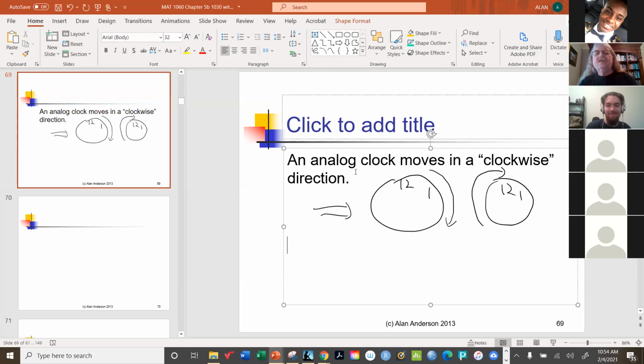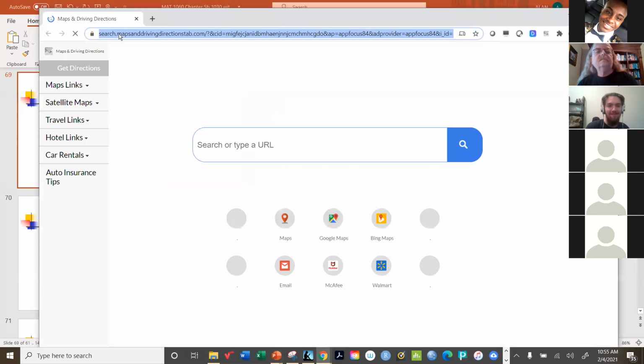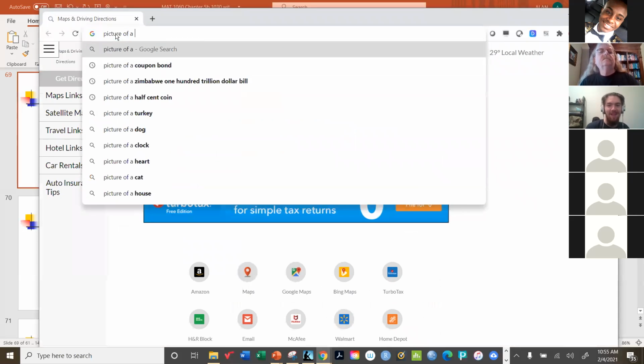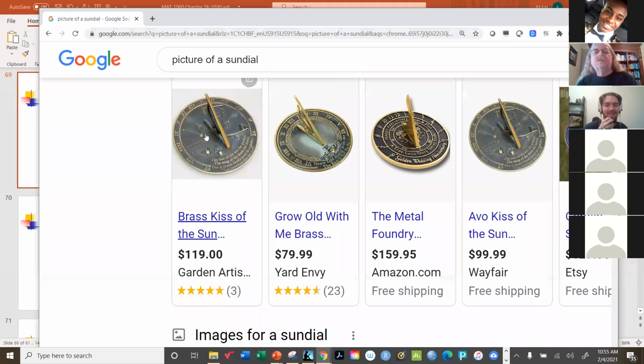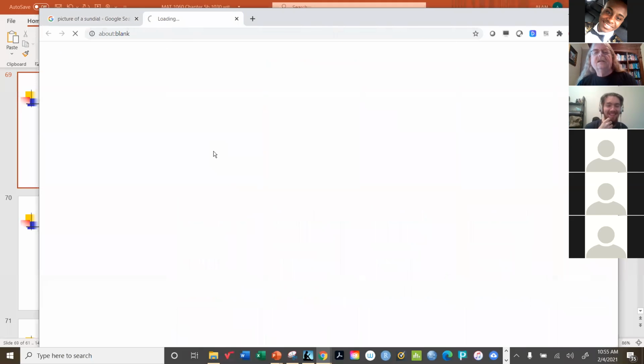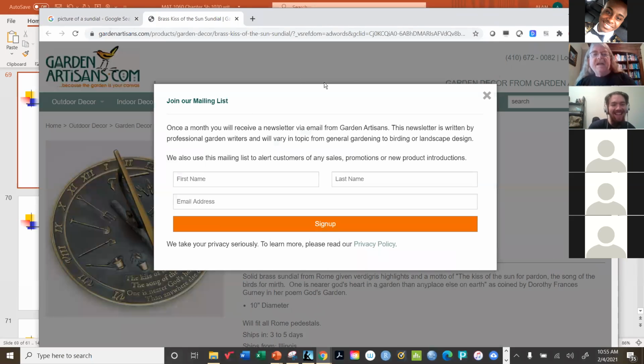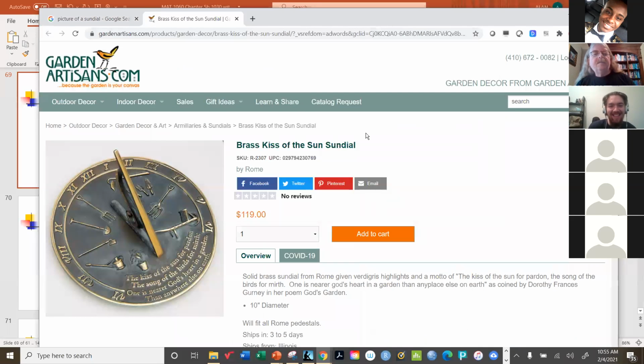You've all seen a sundial? Okay, just in case, let's get a picture of one. Oh, those are cool. Look at that. Now, here's the interesting question. That's exactly right. Noah, you have it exactly right.